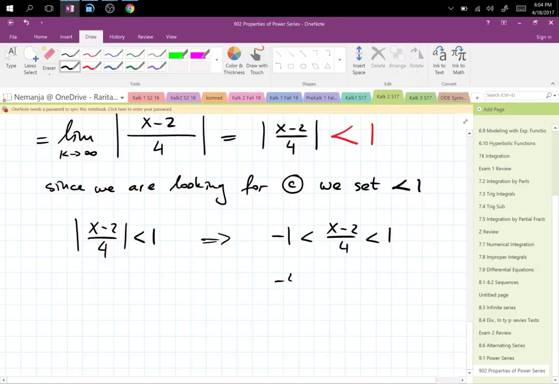You will multiply both sides by 4, and you will add 2 everywhere. This is how you find interval of convergence. You solve the limit, and once the limit is solved, you set that limit less than 1 because you are looking for convergence, and then solve the resulting inequality, which is giving us the interval.